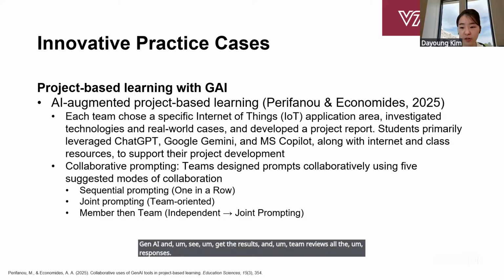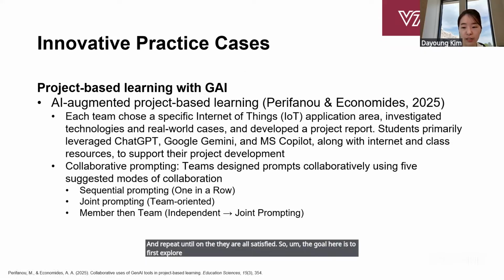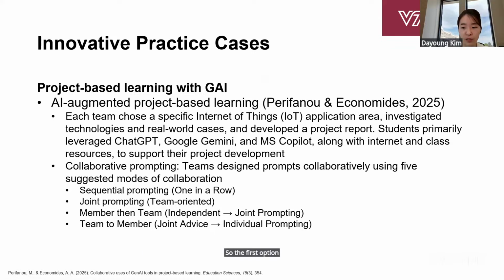Then they agree on a joint revised prompt, submit it, and repeat until they are all satisfied. The goal here is to first explore diverse perspectives and then merge into one unified approach.